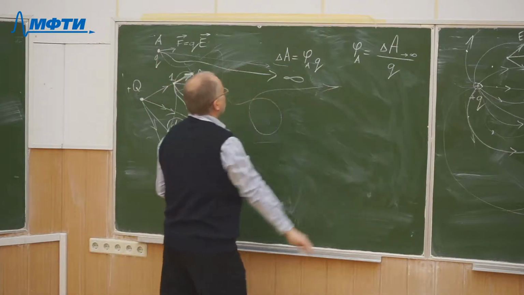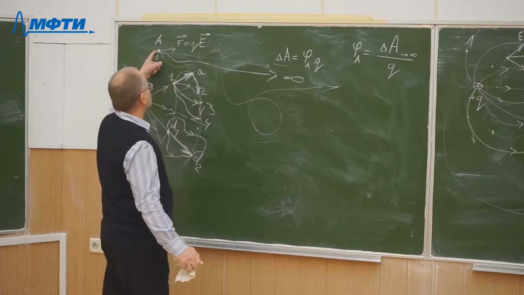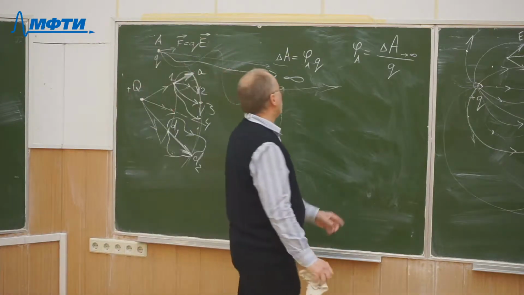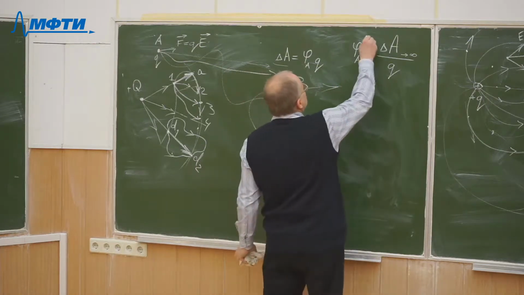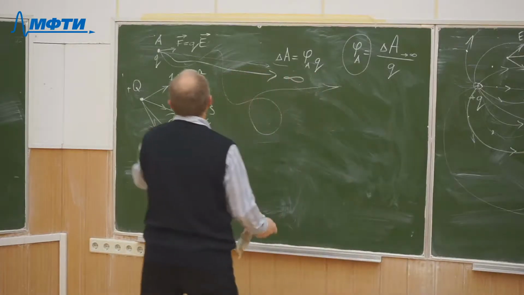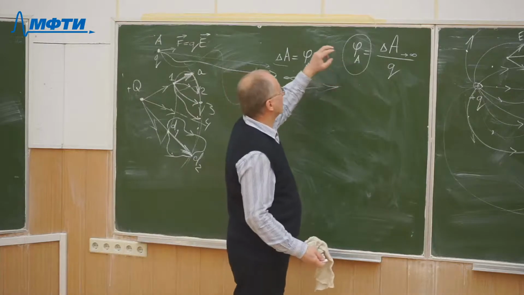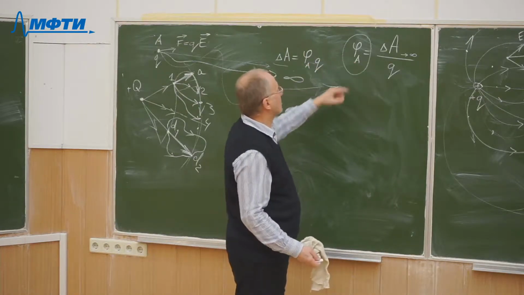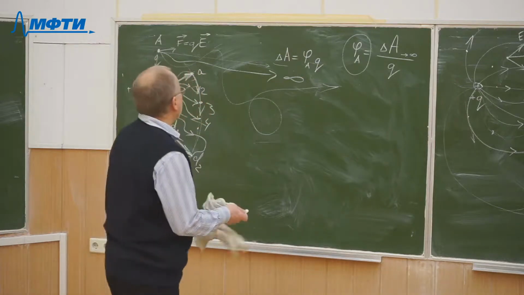If we go to infinity, the work performed will not depend on the trajectory. It will depend only on the initial and final position of the probe charge. That is why this concept of potential, electric field potential at a given point A, makes sense. This quantity makes sense because the work performed does not depend on the trajectory in an electrostatic field.